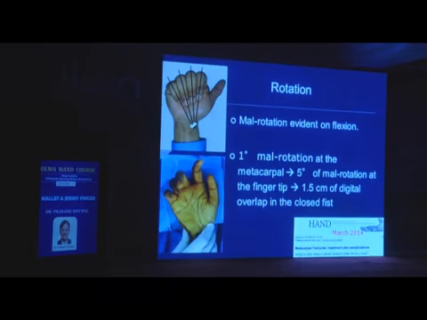Rotation, as I said, the third thing, is not acceptable. And the rotation becomes evident only when you flex the finger. If the finger is extended, sometimes the rotation cannot be differentiated, or it cannot be diagnosed. You can see here, in flexion, normally if you draw lines here, they all converge towards the tubercle of the scaphoid.